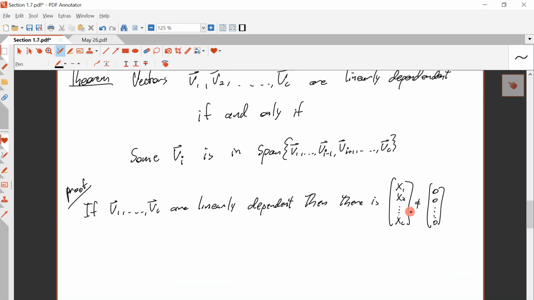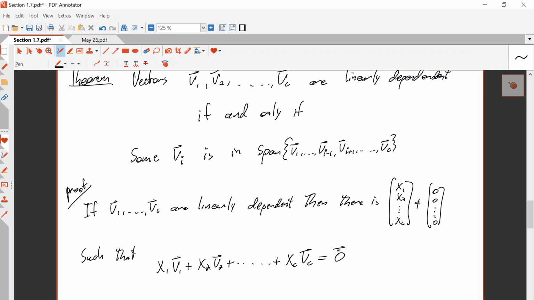Not the zero vector, such that x1 v1 plus x2 v2 plus up to xc vc is equal to the 0 vector.